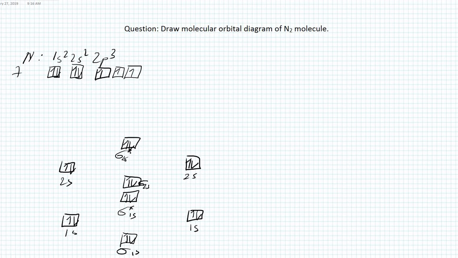Then at last we need to mix 2p orbitals of both nitrogen atoms. I'm going to draw it here. So 3 of the 2p orbitals of this nitrogen and 3 of the 2p orbitals of the other nitrogen, and we know that each 2p orbital is singly occupied.